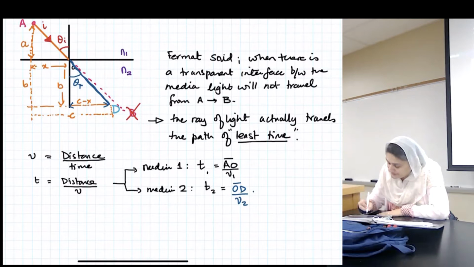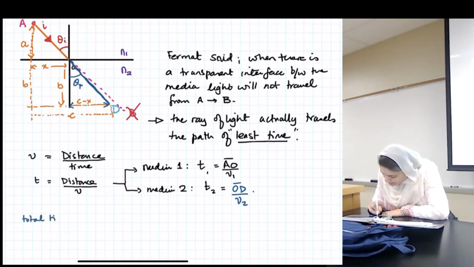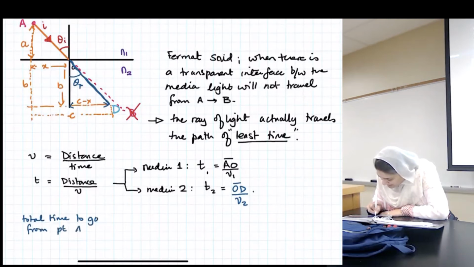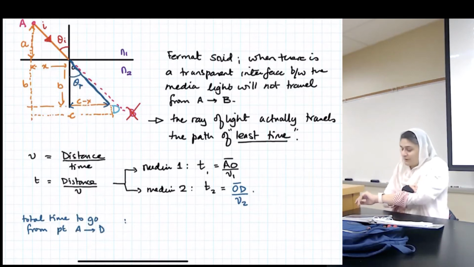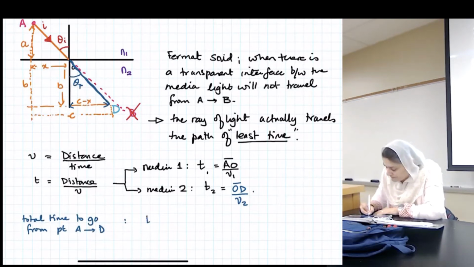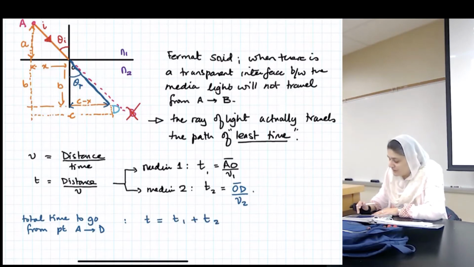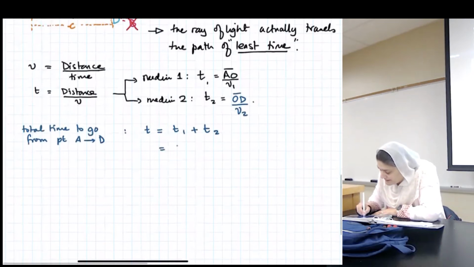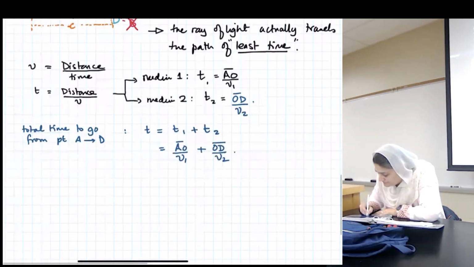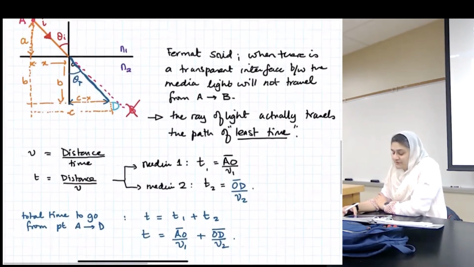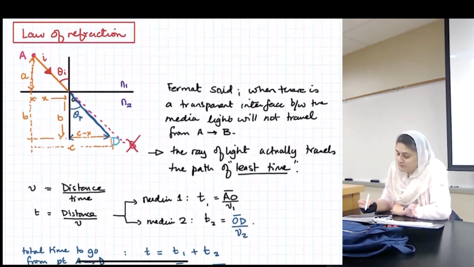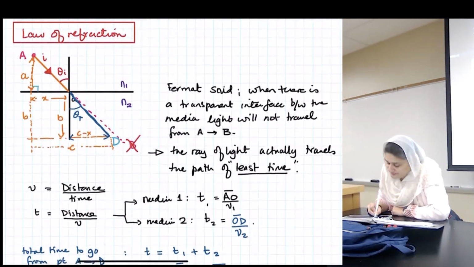Okay, so now the total time it takes to go from point A to now point B, can I write that total time? What will that be? T will be T1 plus T2, which means I can write this as AO divided by V1 plus OD divided by V2. Okay, now coming back to this picture right here. Where's my right angle triangle? That's my right angle triangle.